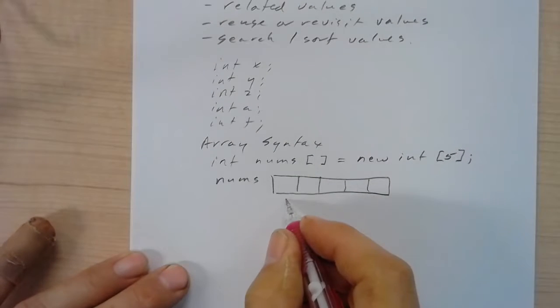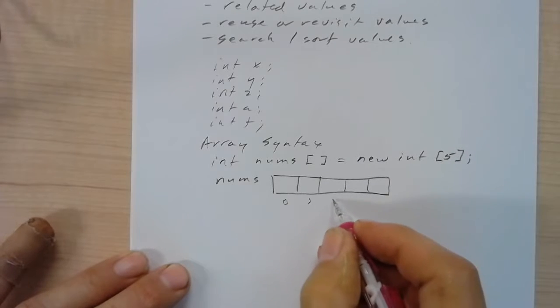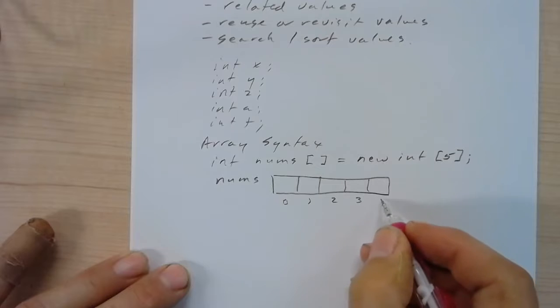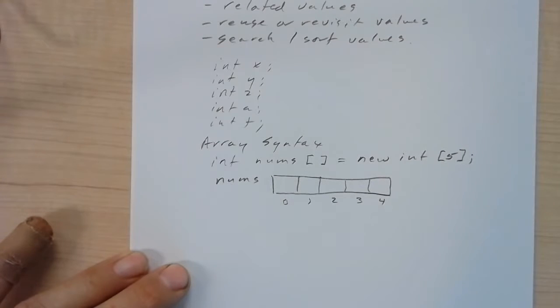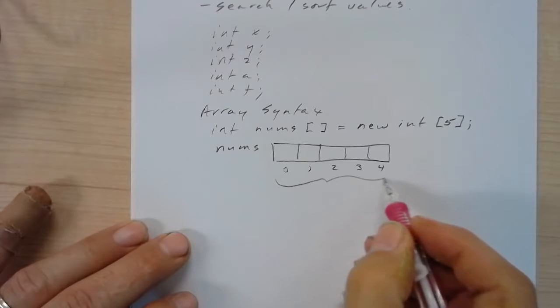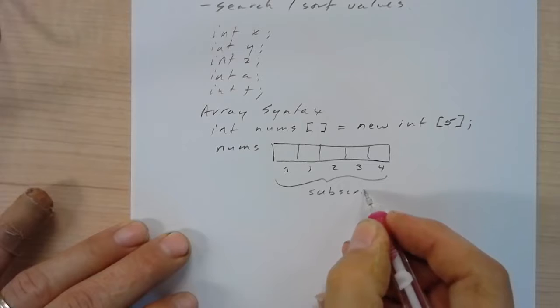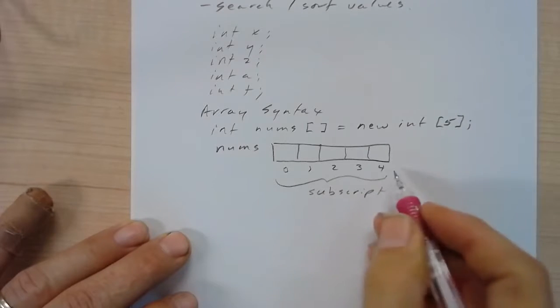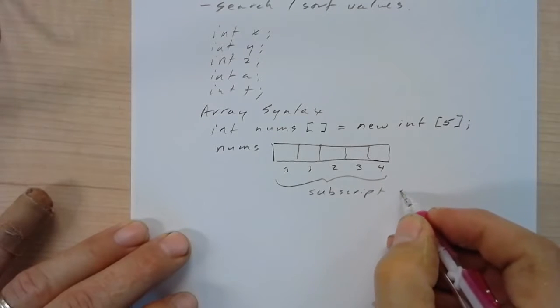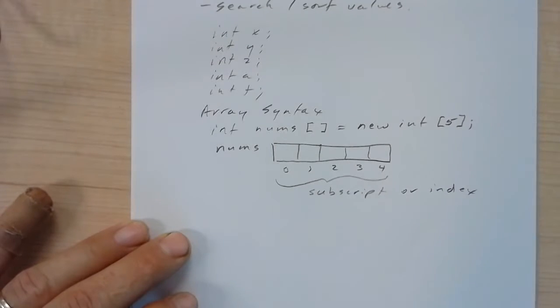It's also going to build something called a subscript, which are the 0, 1 through to 4, or this is often called an index into the array.